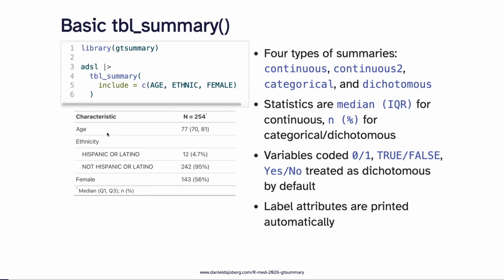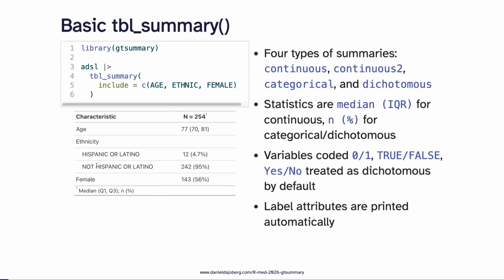Go for it, right? But what is actually happening in the background is that gtsummary is taking a look at the age variable and saying, okay, it's a numeric variable. There's quite a bit of spread here, a lot of unique values. I think that's going to be a continuous variable. So I'm just going to display that on a single row and give you the median and the quartiles. Ethnicity, I believe it's a factor in this data set, so it's of course going to default to something like a categorical summary.